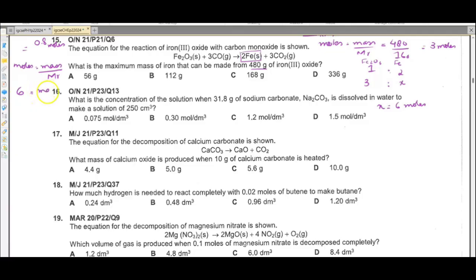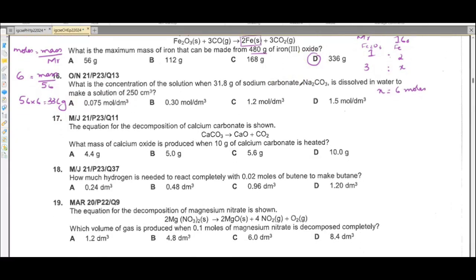Moles we know are 6, and MR for iron is 56. So 56 into 6 is going to give us the mass of iron produced from 480 grams of iron oxide, and that is going to be 336 grams. So D is our correct answer.